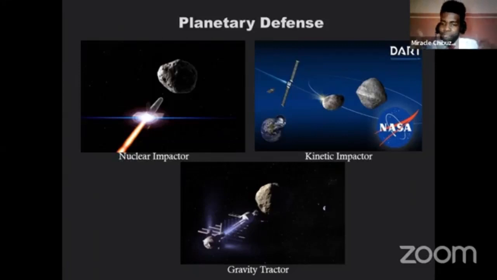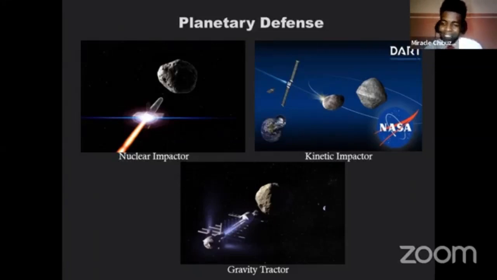And when they're vaporizing, they act like a jet, like rockets, jet engines. They start creating these jet mechanisms, and that is enough to push them out of the orbit that is supposed to hit Earth.